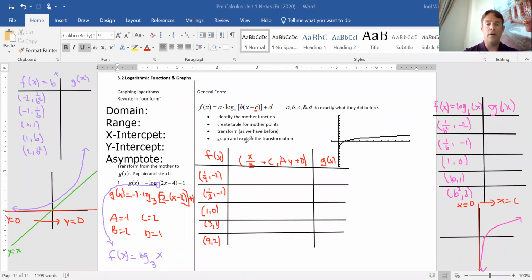So let's see, the b value here is 2. So what I'm really doing here is taking the x's and dividing them by 2. And the c value is 2 as well. So x divided by 2, and then I'm going to add 2 to it. The a value is -1. And the d value is +1.